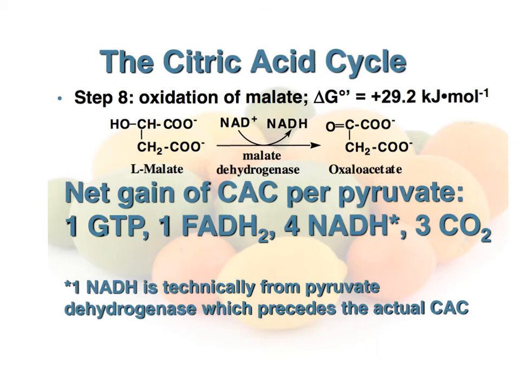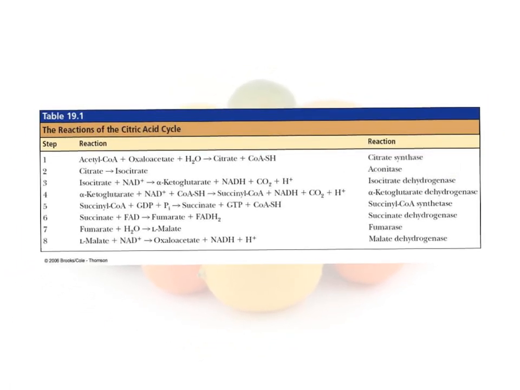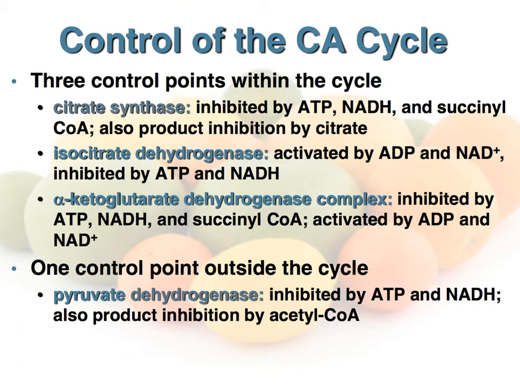This is just a little table to show the 8 steps. Please note it's from the old book, so it doesn't have step 0, the pyruvate dehydrogenase complex. A lot of this I've already covered as we went along. There are 3 control points or checkpoints within the cycle. Please don't memorize just the numbers, because one tricky thing I've done on exams or quizzes is, instead of having step 1 at the top, I turn the cycle, and when people just memorize the numbers, they get it wrong.